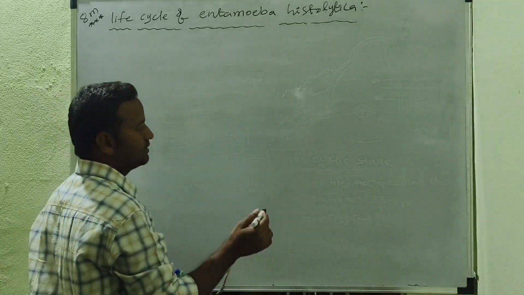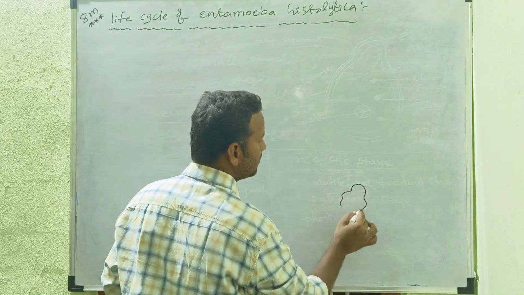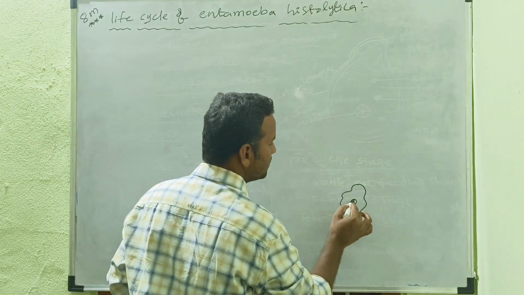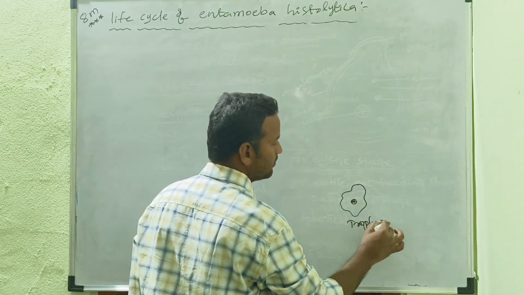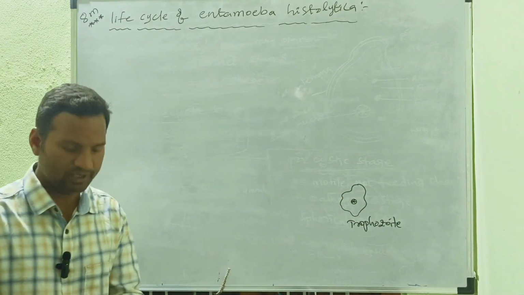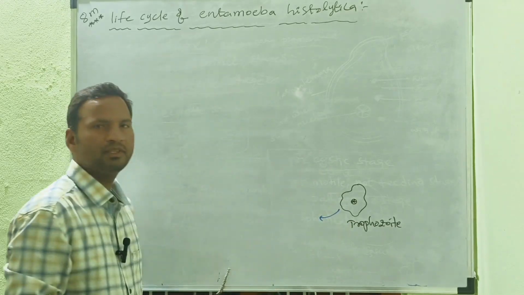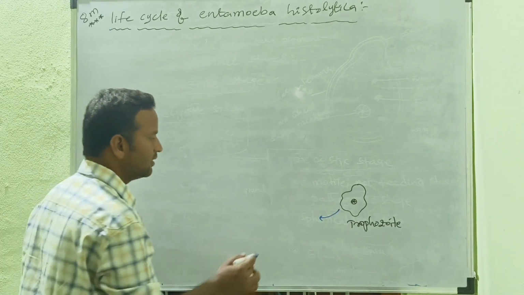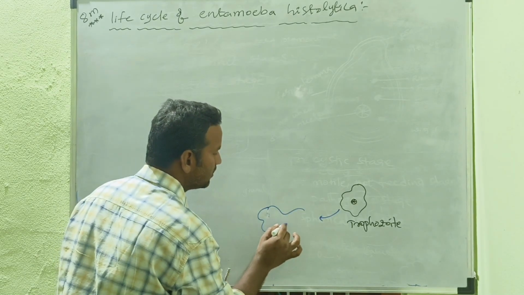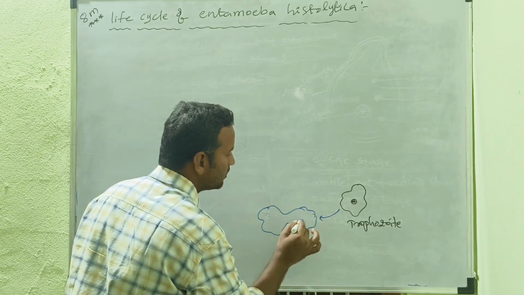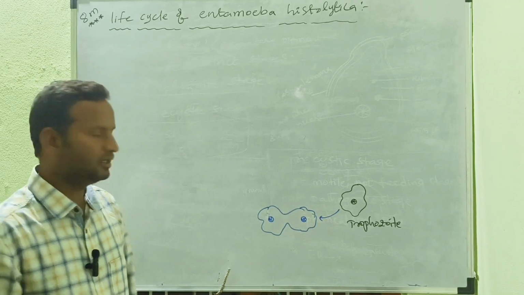The first one is the trophozoite stage. Then the trophozoite undergoes mitotic division.